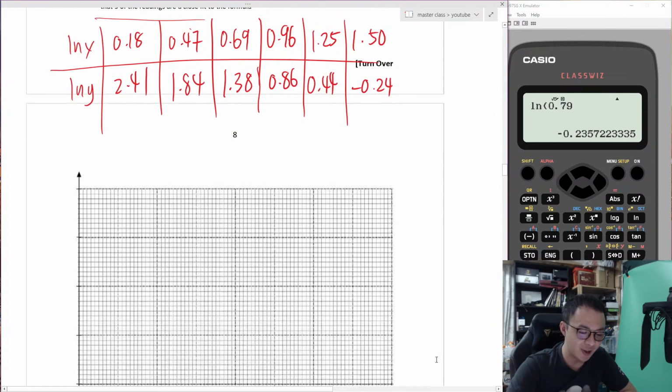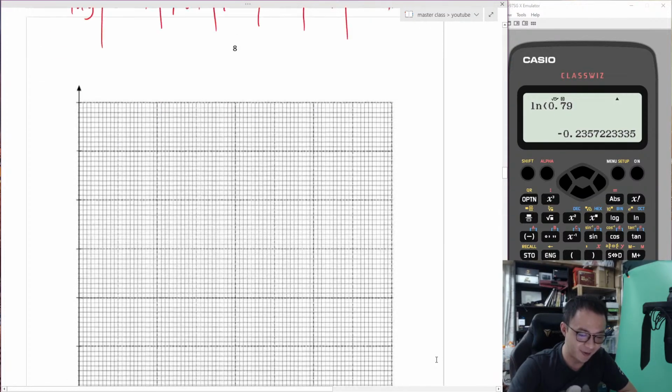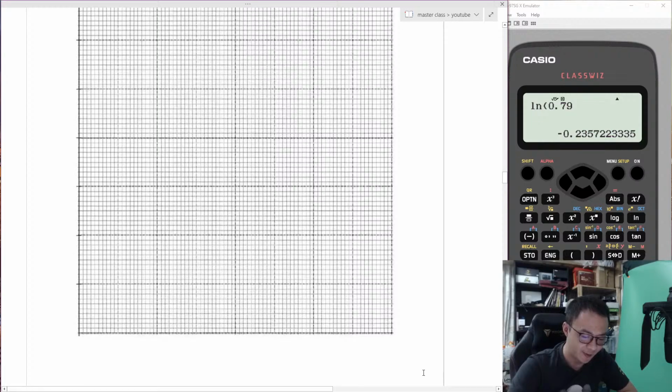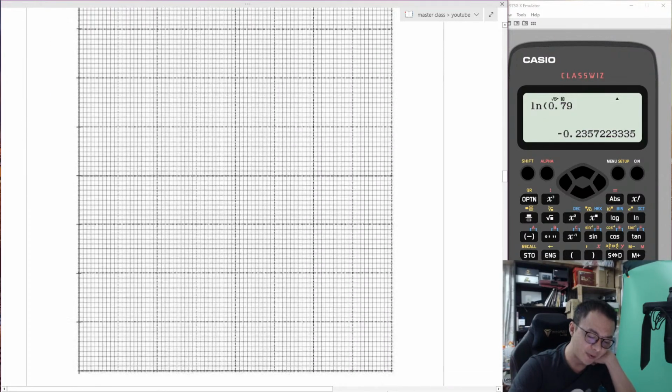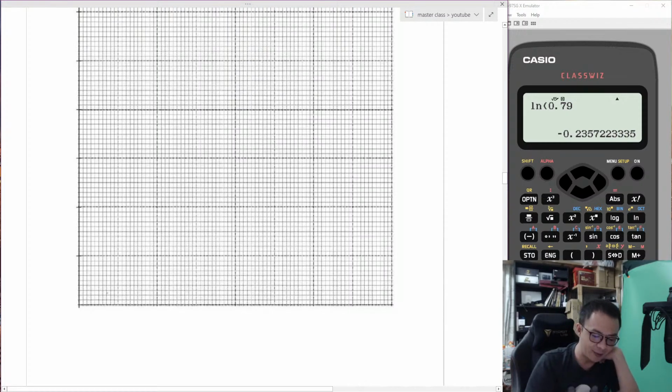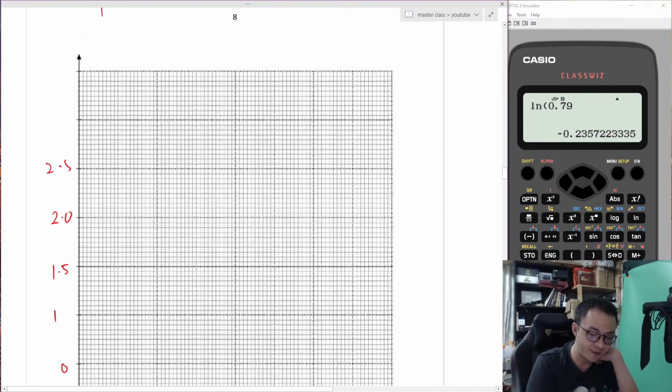Okay, then I will just need to estimate and draw here. This graph is a bit not so perfect. I want y to go up to 2.4. Alright, I will just assume, let's see, negative 0.5, 0, 0.5, 1.0, 1.5, 2.0, 2.5.